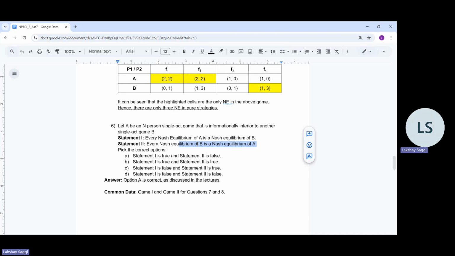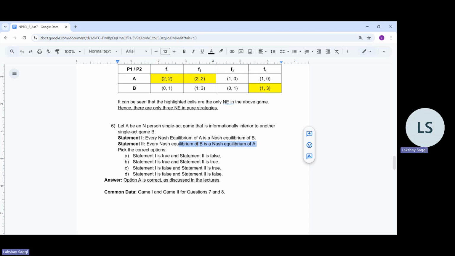So if the set of functions of the game B can be implemented in the game A also. And why am I saying can be implemented? Because game A is informationally inferior, so it might be that some function corresponding to game B takes some inputs, but in the game A we don't have information about those inputs. So you can't implement those functions in the informationally inferior game.